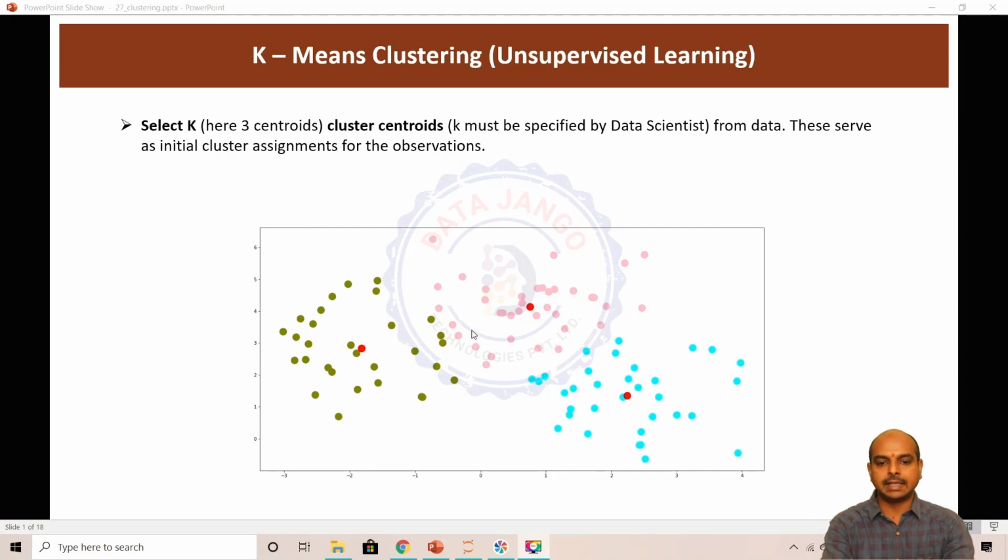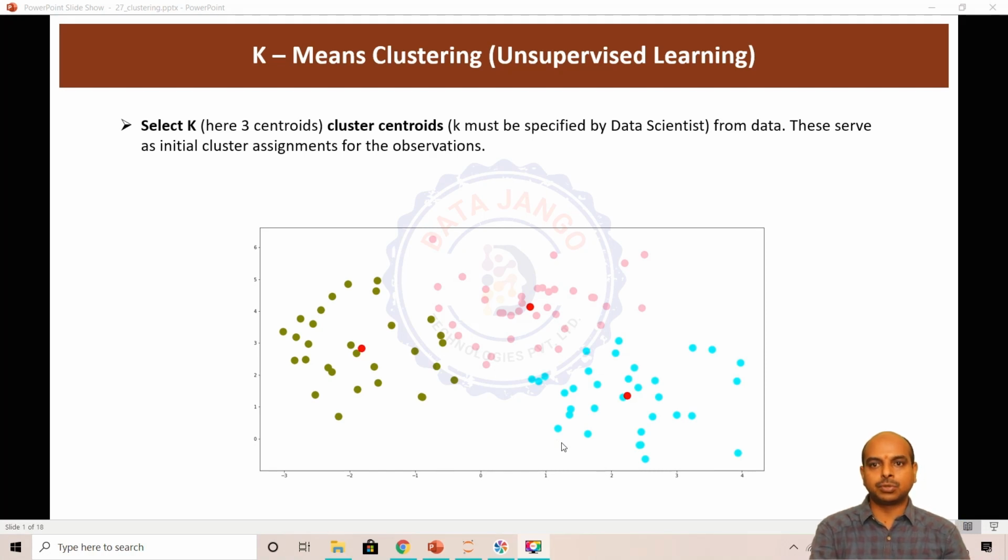Now it assigns cluster ID 1 to the data points close to the first randomly chosen centroid, cluster ID 2 to the data points close to the second centroid, and cluster ID 3 to the data points close to the third centroid.